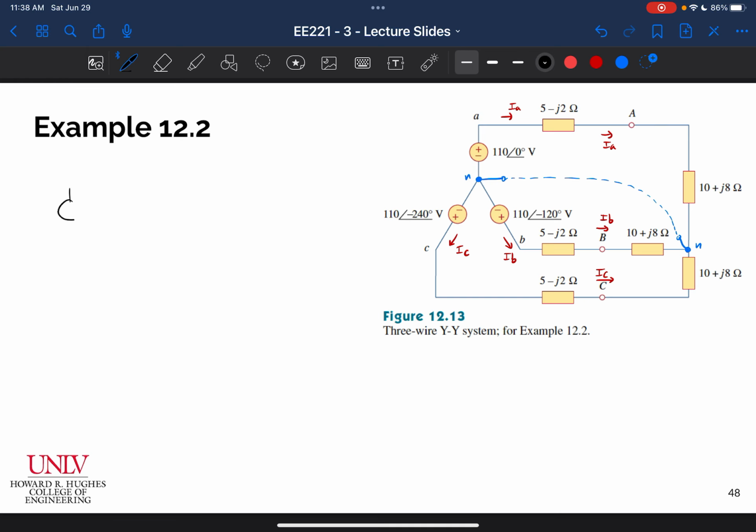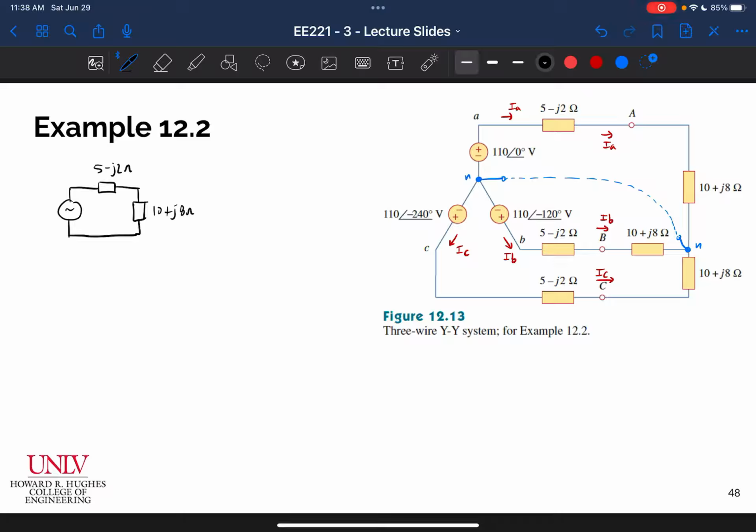So we basically have a source, a line impedance, which is the impedance of the actual transmission line, and then an actual load impedance that we're interested in driving. That's going to be 10 plus j8 ohms, and this one's going to be 5 minus j2 ohms.